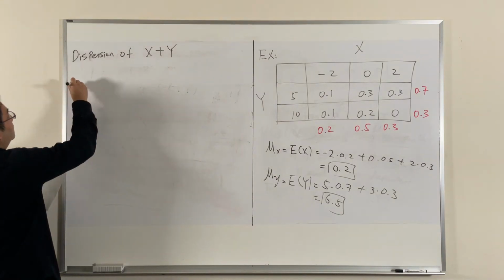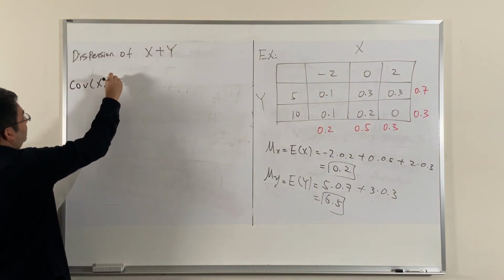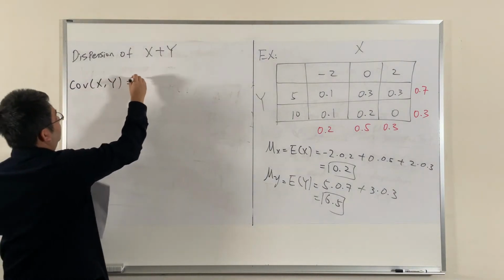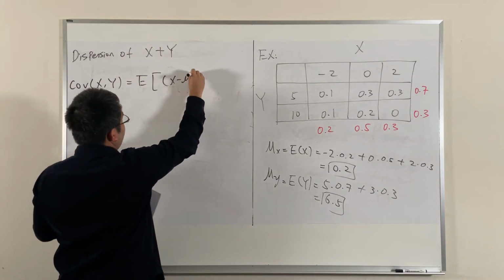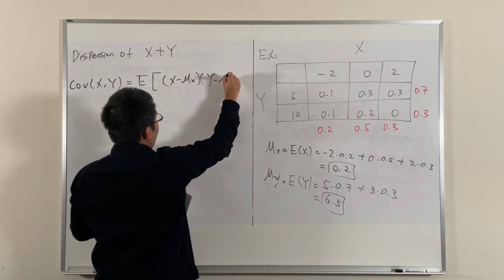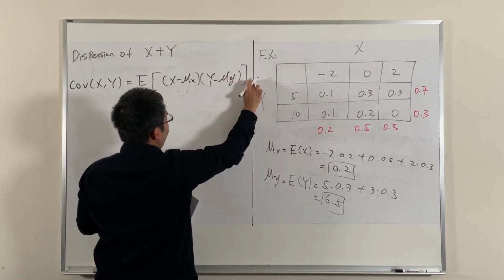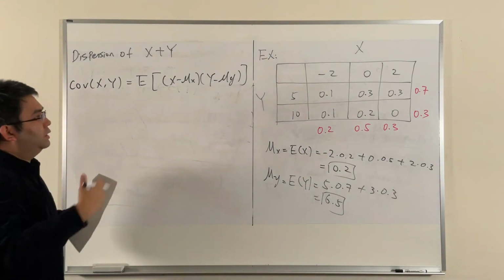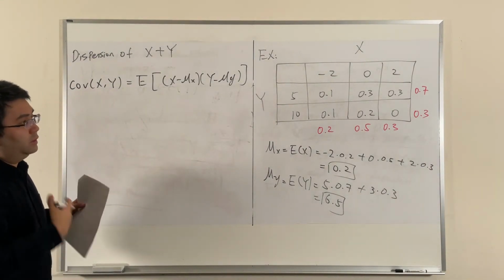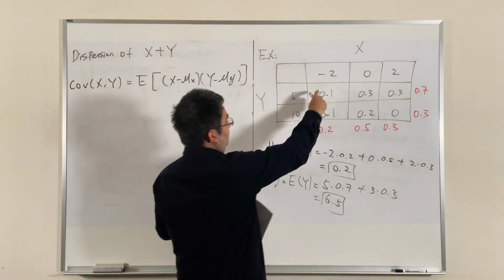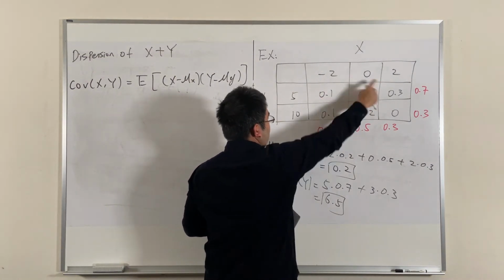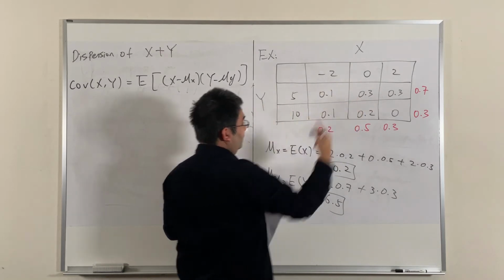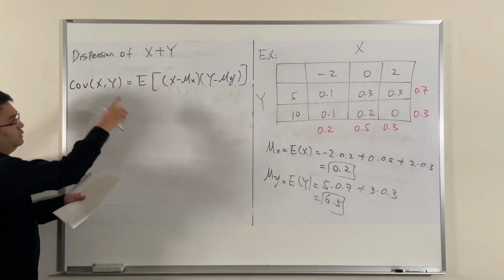Covariance of x and y equals the expected value of x minus mu x times y minus mu y. We're going to look at each single possible combination. There are 6 of them: -2 and 5, -2 and 10, 0 and 5, 0 and 10, 2 and 10, and 2 and 5.